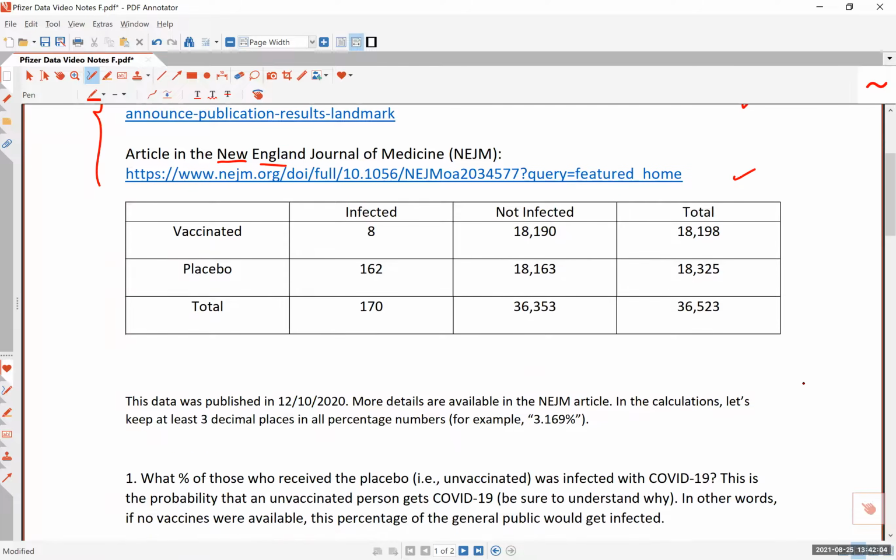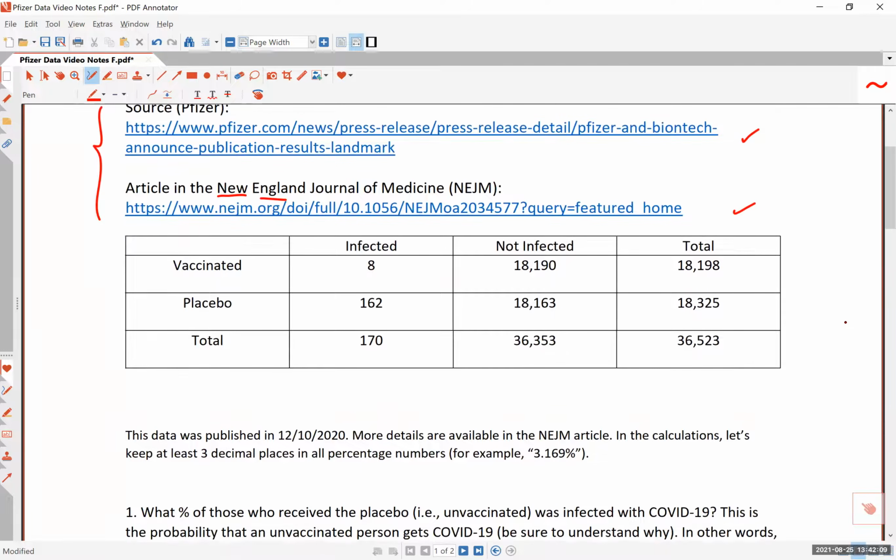So you will find that essentially all the numbers you need to calculate the efficacy rate are right here. This is the result of a very carefully conducted experiment by Pfizer. You can see that they had a little more than 40,000 subjects in their sample, and they randomly divided them into the vaccinated group, which is the treatment group, and the placebo group, which is the control group.